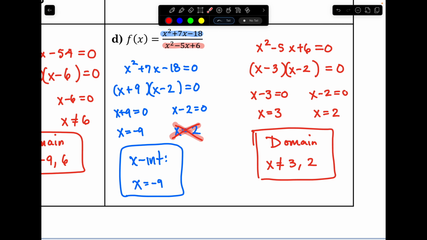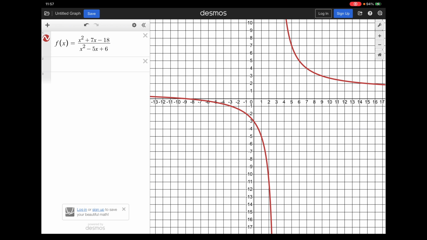Even though the graph, like I said, is misleading, even though the graph looks like it's crossing the x-axis at positive 2. As you see in this example, we have f of x equals x squared plus 7x, the last example that we did. You will see that we do cross the x-axis at negative 9.